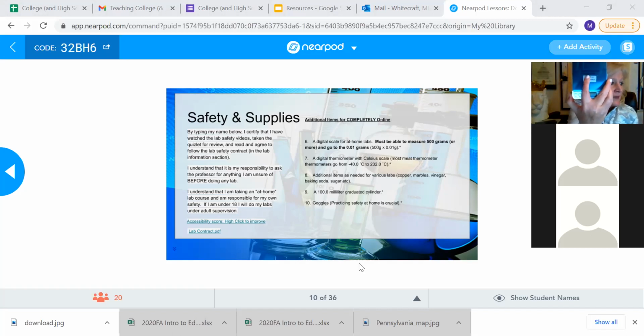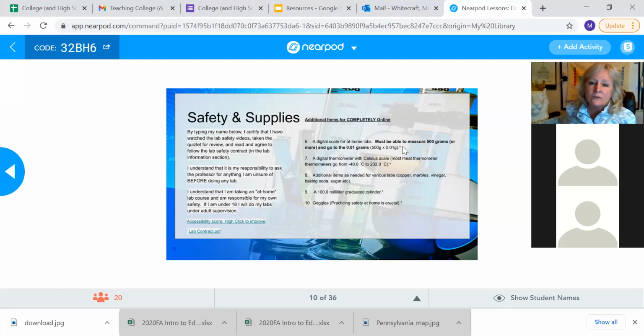Okay, so if you have it on gallery view, you can see the small scale, the balance that I have. The digital scale that I just talked about has to go to the 100th gram.